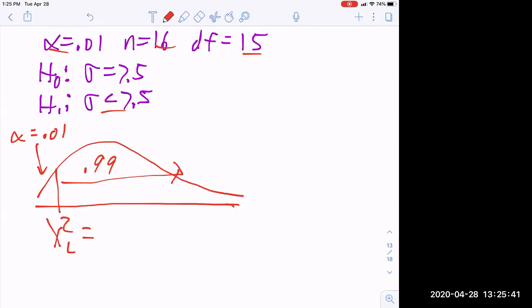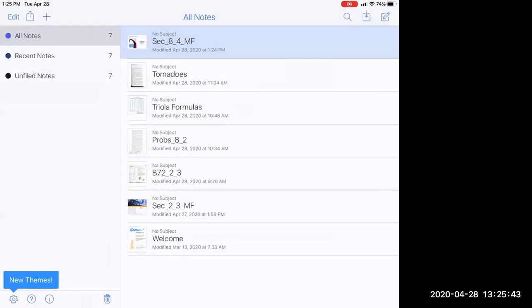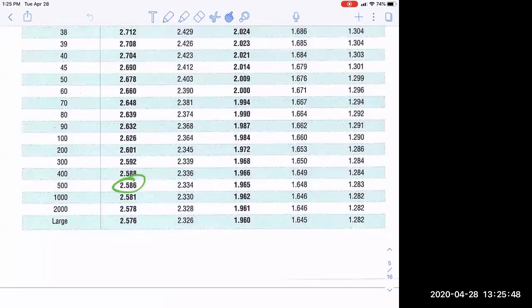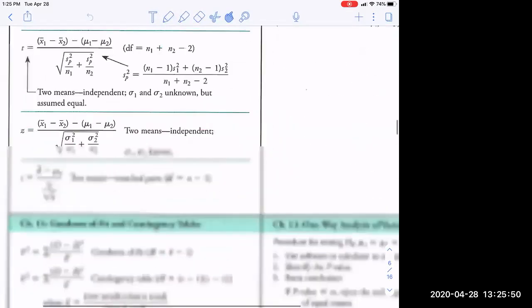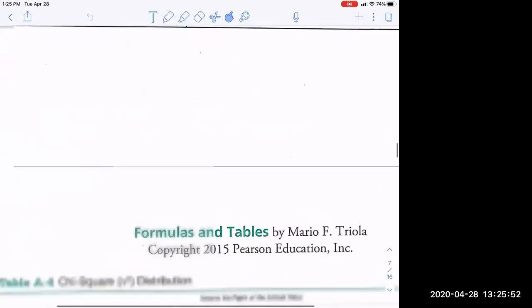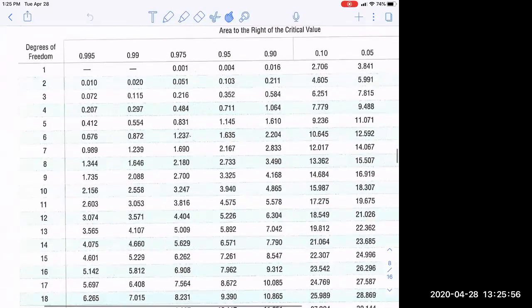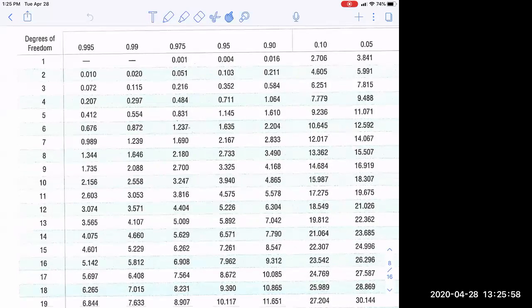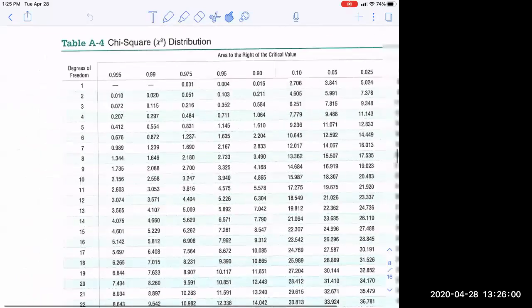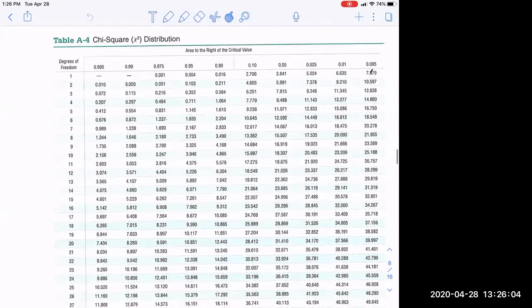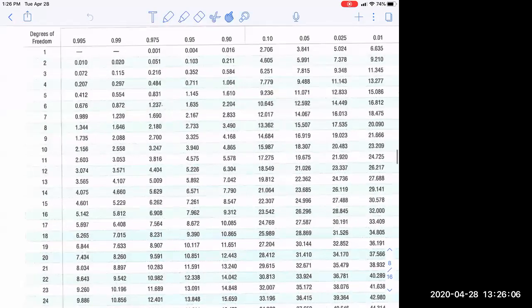So let's take a sojourn over to our Triola formulas. Hang on, I'm zipping down. Ooh, chi-squared. Okay, area to the right. Well, I don't know why I zoomed out.